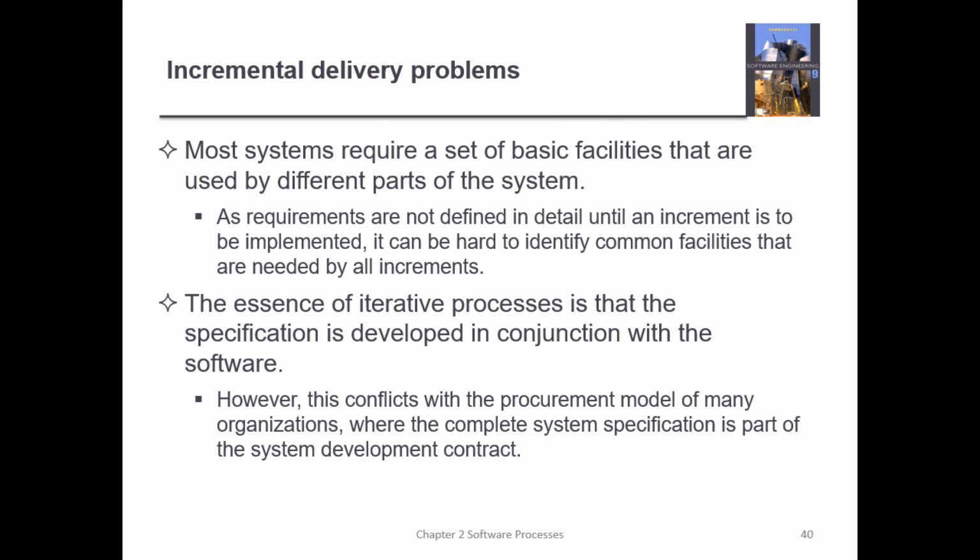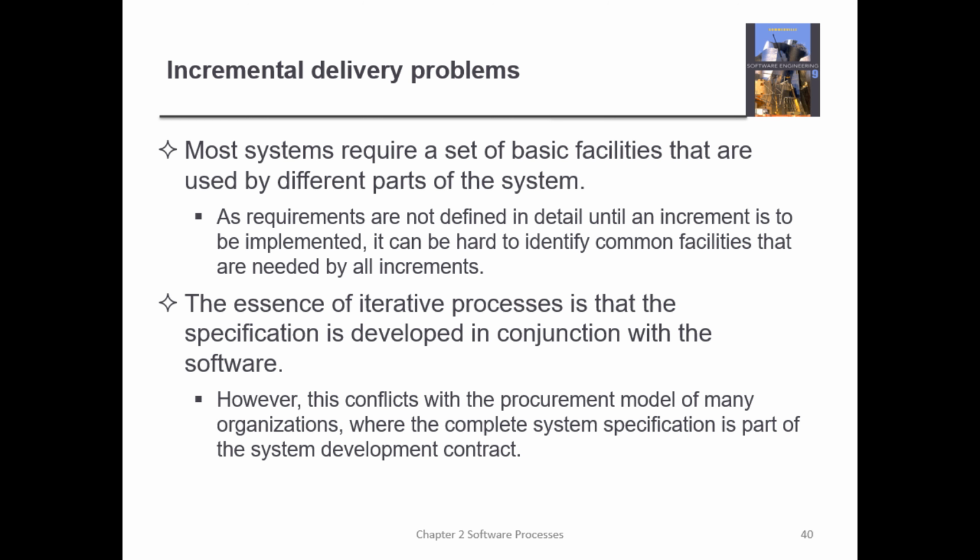Now, if you don't start with a good architecture, and to know the right architecture, you must have some knowledge of the basic facilities or requirements for each part of the system, so that the architecture you are using will be compatible with all parts of the system. If you cannot identify those common facilities, you may end up with a system which in the future may be difficult to add new modules to.